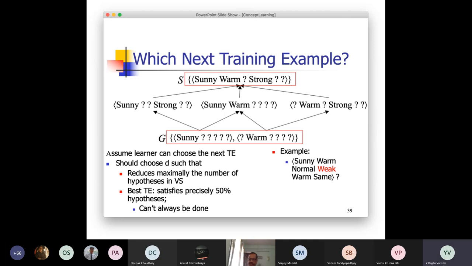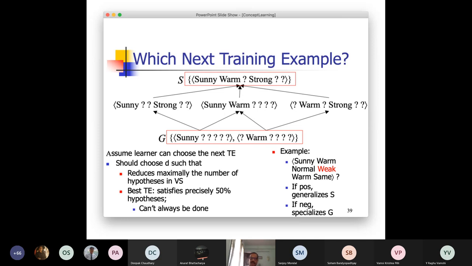Now you have an additional training example in this order, which is shown here: sunny, warm, normal, weak, warm, same. Depending upon whether its label is positive or negative, the result will vary. If it is positive, it generalizes the set S, the maximal specialization boundary. And if it is negative, it specializes the G.